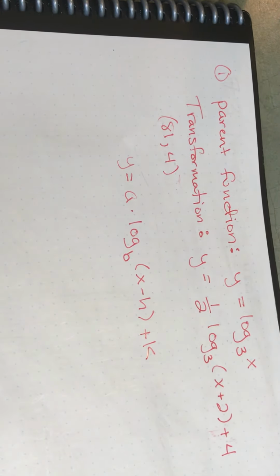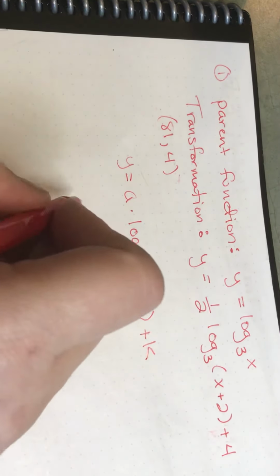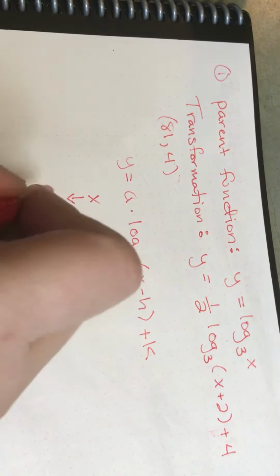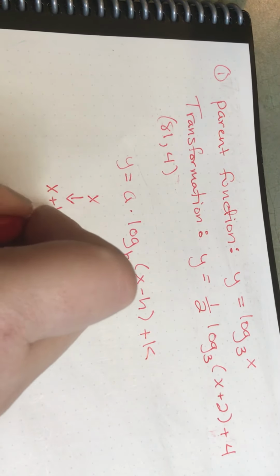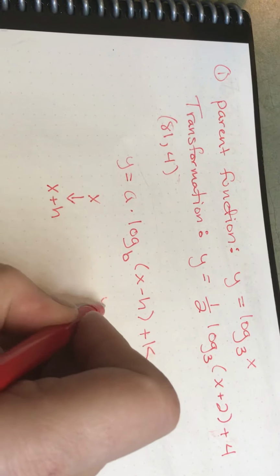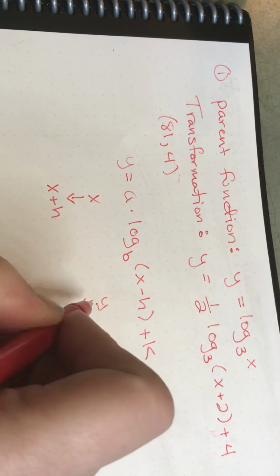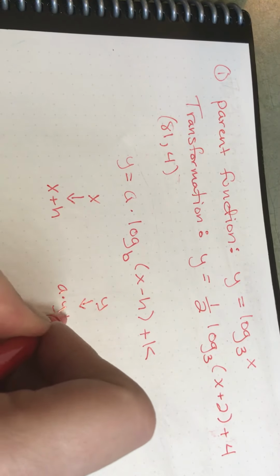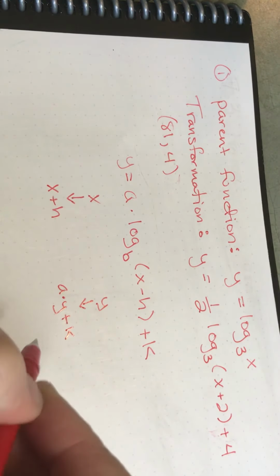So thinking about that, when we do our transformation, x becomes x plus h, remembering that h is the opposite. And our transformation on y becomes a times y plus k.